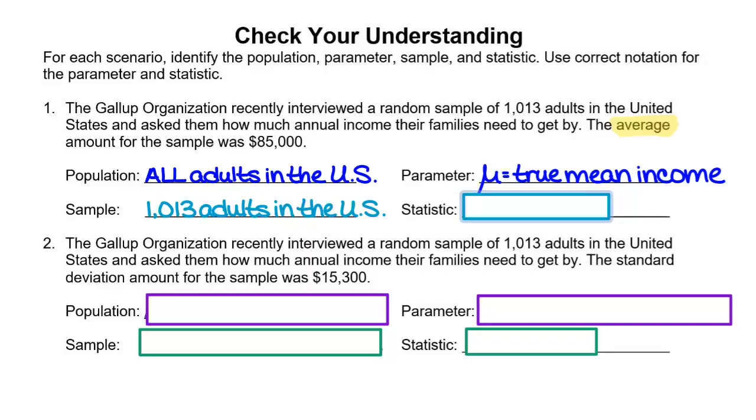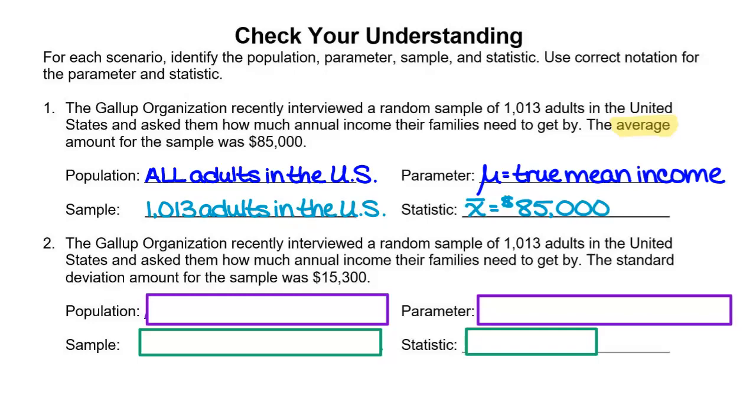What symbol would we use for the statistic here? X bar. And what would X bar be for this study? 85,000. X bar equals $85,000, yes.